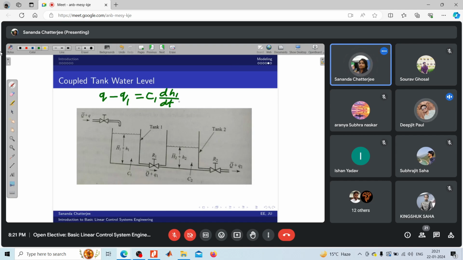And what will be Q1? Q1 will be K into root, I think root over 2g into H1 bar plus H1.